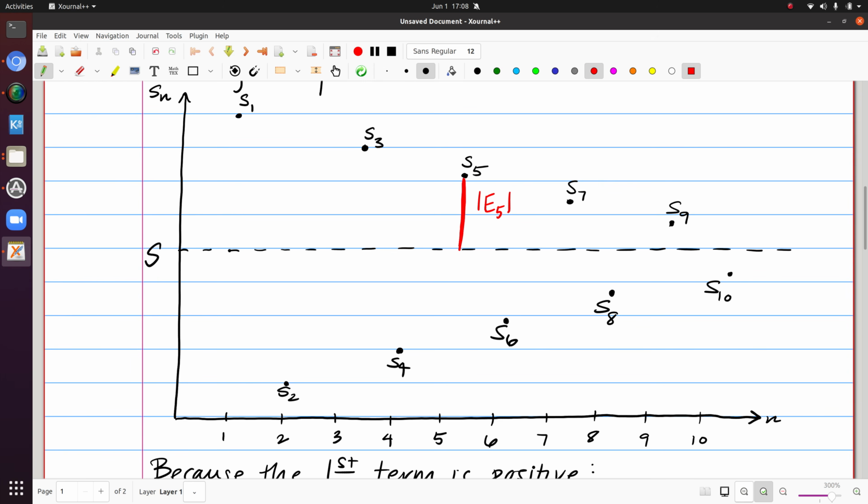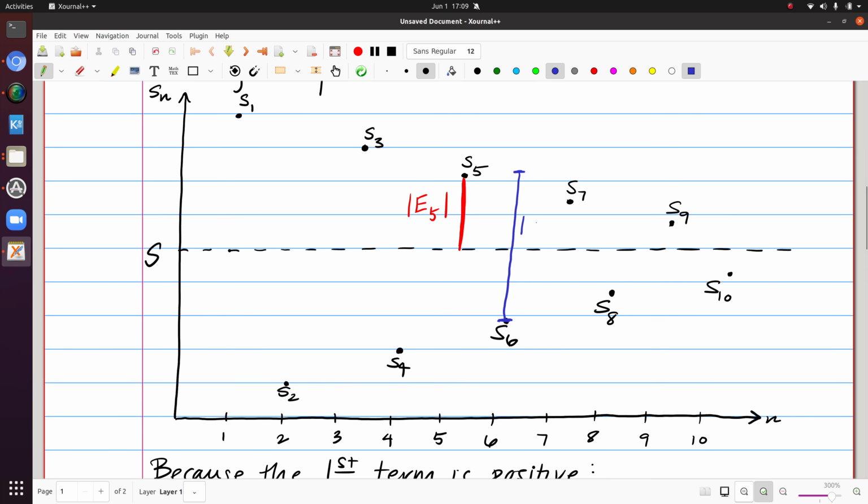Now I'm putting the absolute value here because we see that that actually would be a negative difference here. And what I would like to compare that to get our actual error bound statement, so this is E5, in absolute value, is let's look at the distance between S5 and the next partial sum.